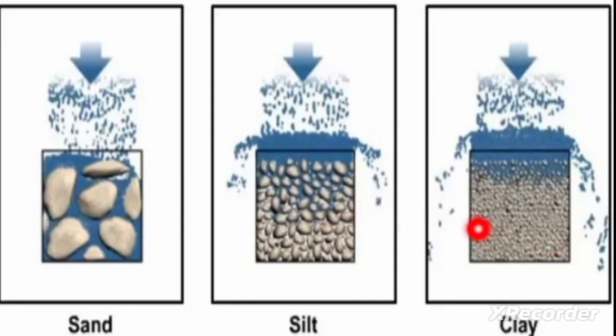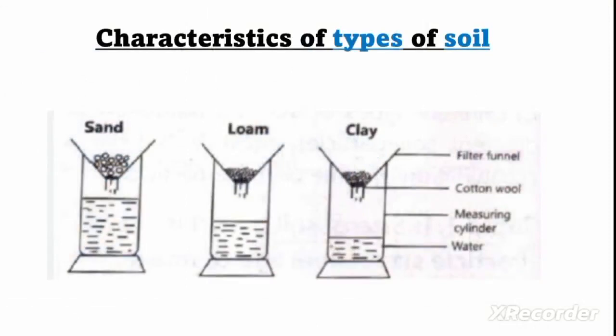Clay soil is compacted, and we can see small spaces left within the particles of the soil. For this reason, clay soil only allows a small amount of water to pass through it.